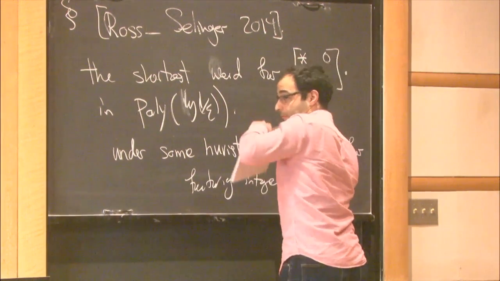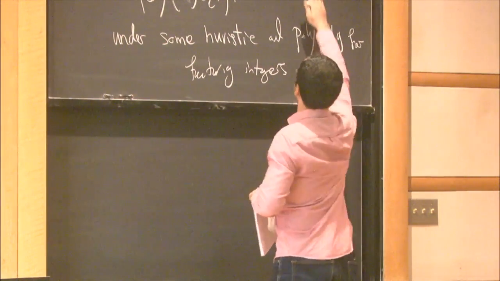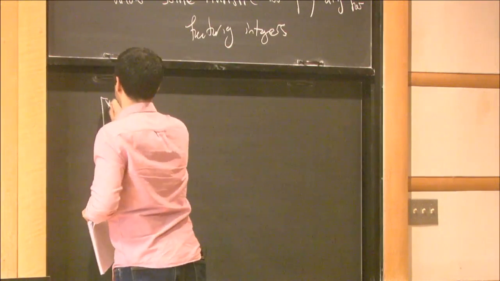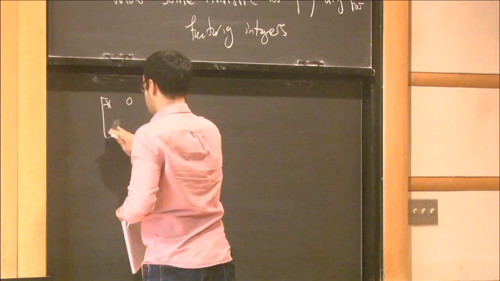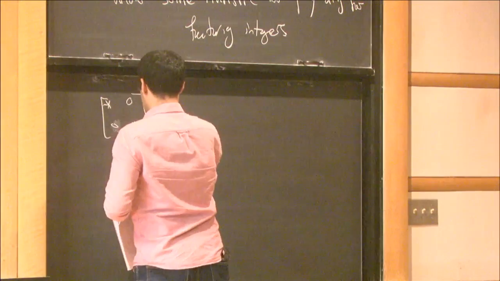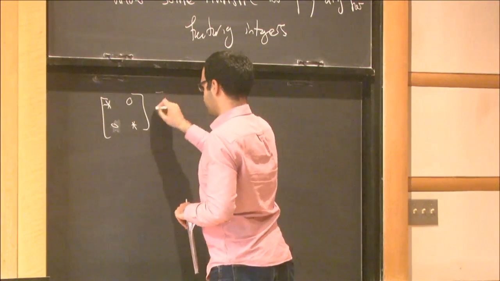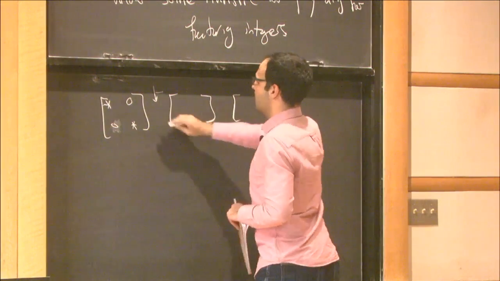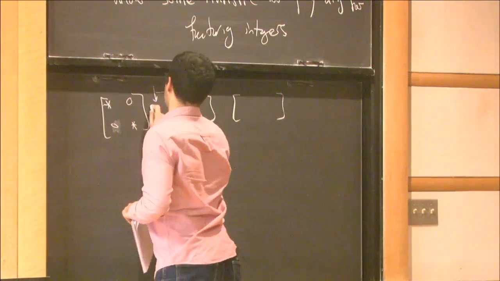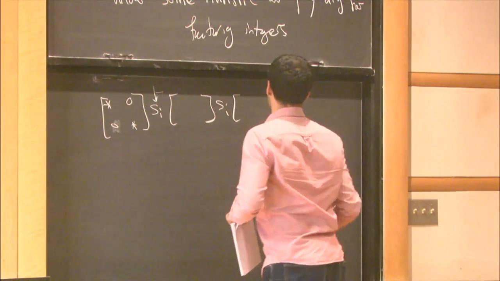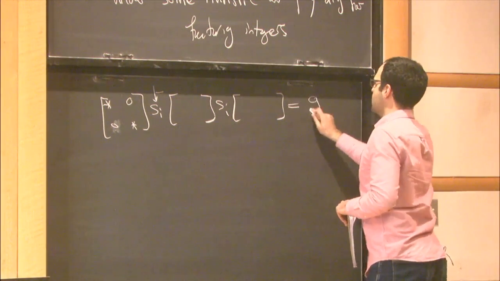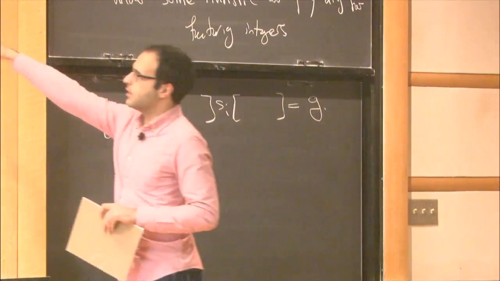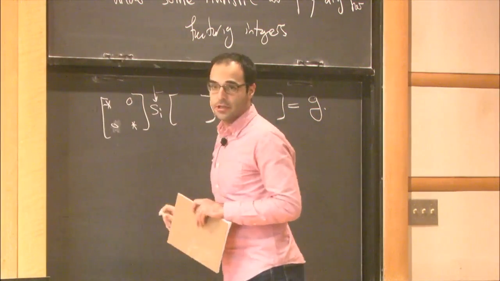So once you can approximate diagonal matrices optimally, you can use them to write every other matrix by simply using 3 diagonal matrices and some generators S_i in between. So you can write every matrix G as a short word using this algorithm.